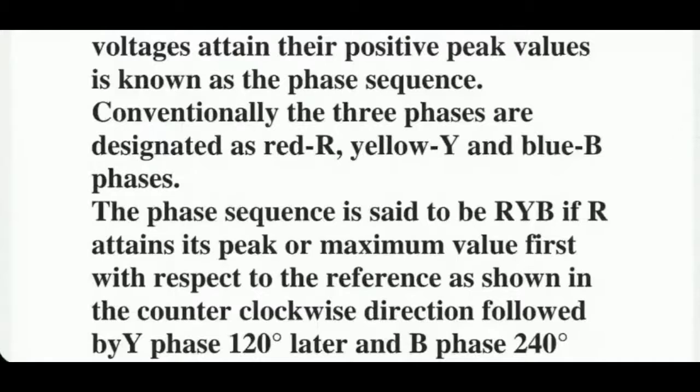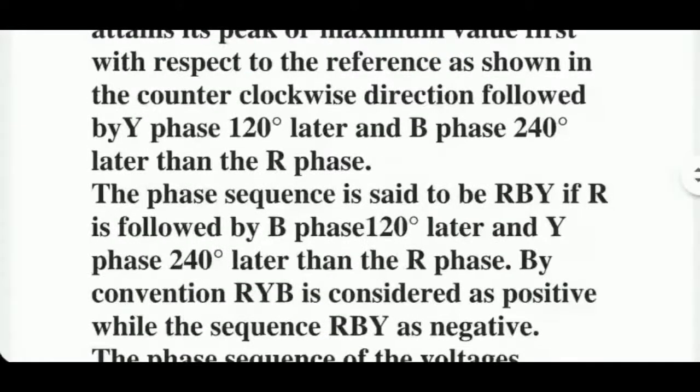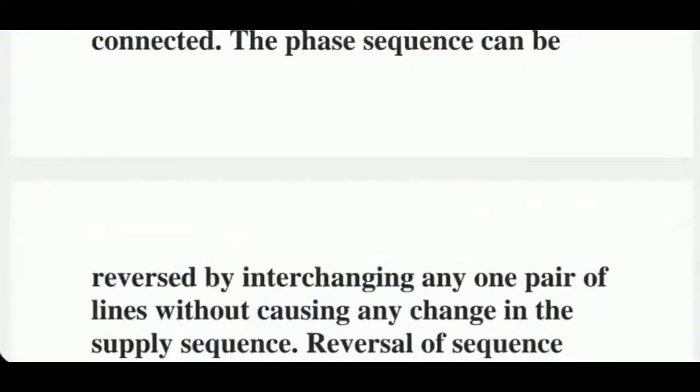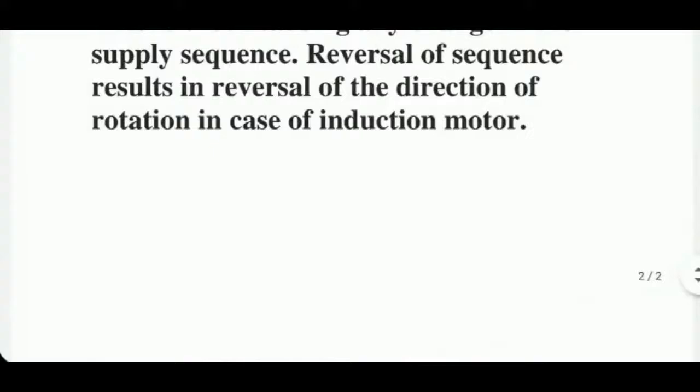So phase sequence is said to be RYB if R, that means the red phase, attains its peak value first compared to the other two. And then Y attains its peak value after that, and then B, the blue one, attains the peak value. That is what sequence means. RBY is the opposite. By default, we would assume positive sequence. That means minus 120 degree and minus 240 degree phase shift in the other voltages.